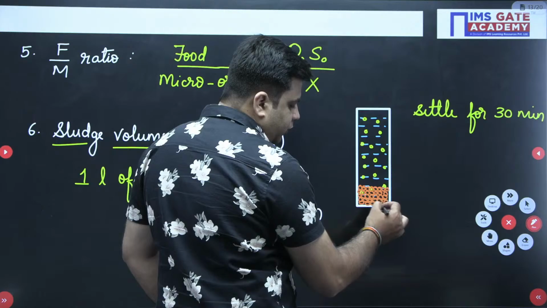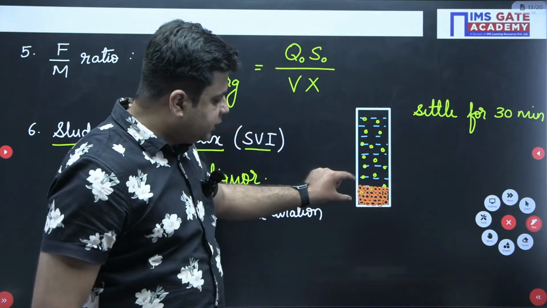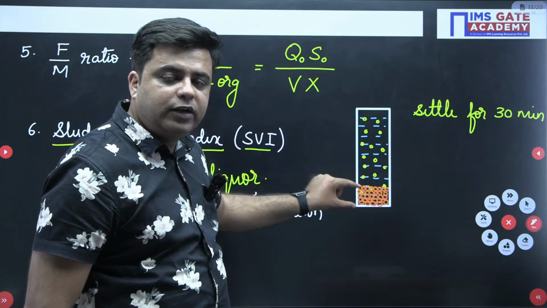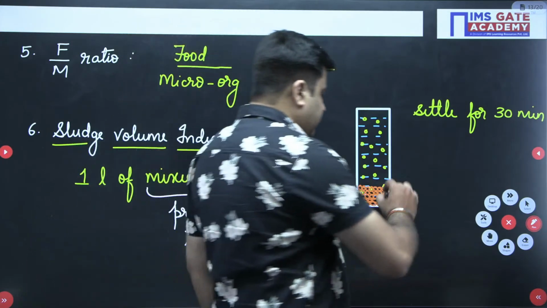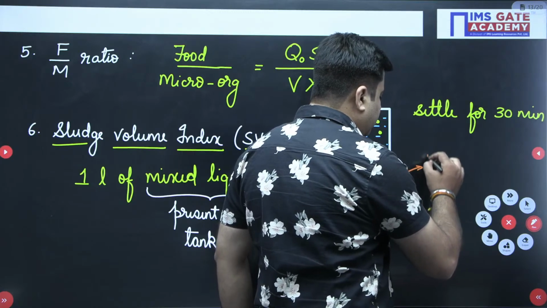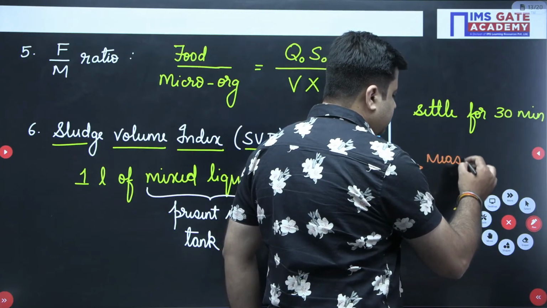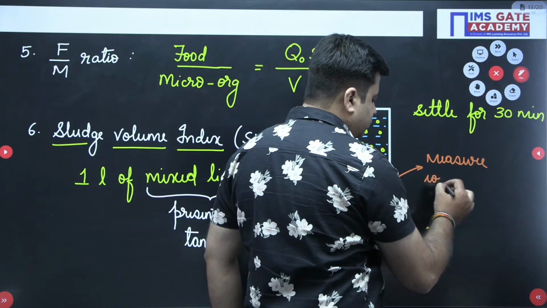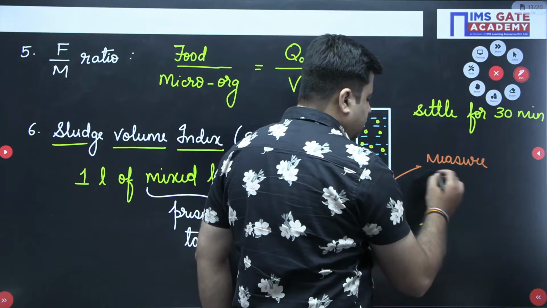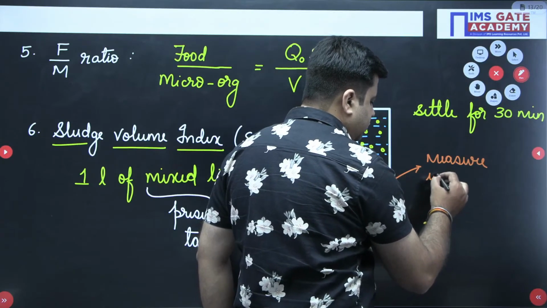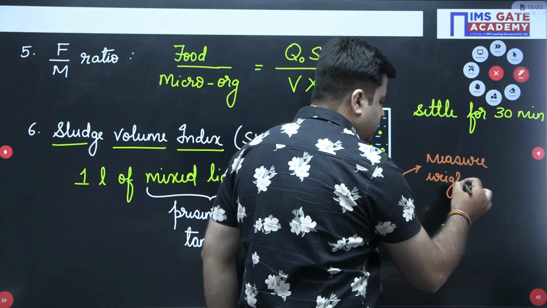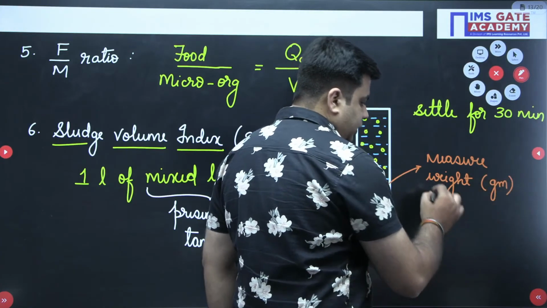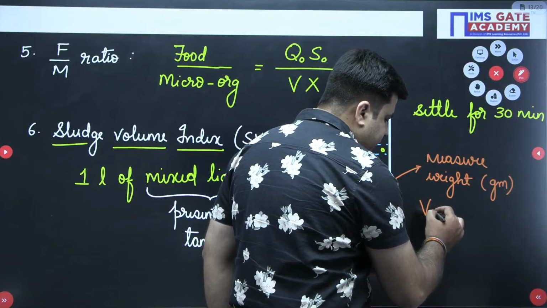Now what you have to do is measure the volume of this settled biomass and also measure the weight of this settled biomass. Weight should be measured in grams and volume should be measured in ml.